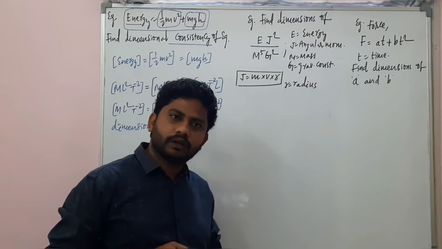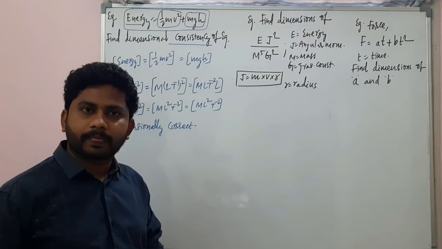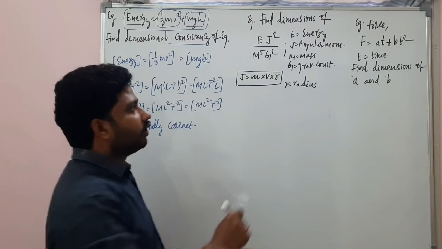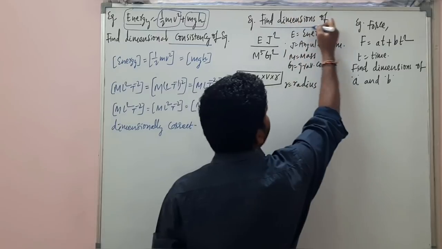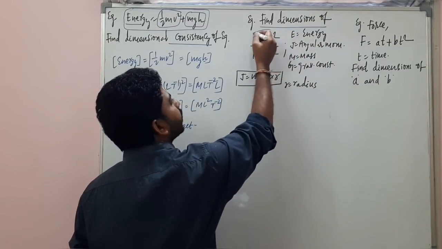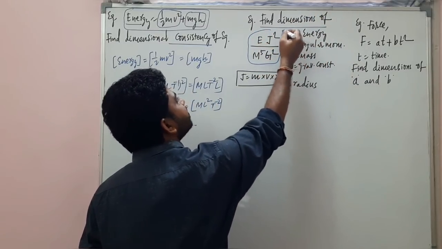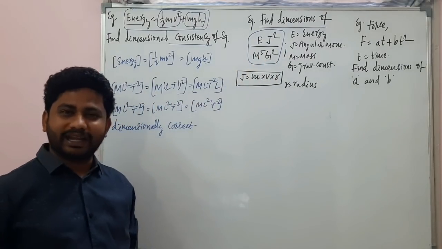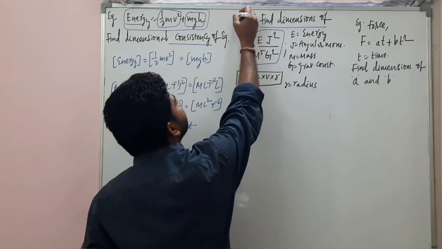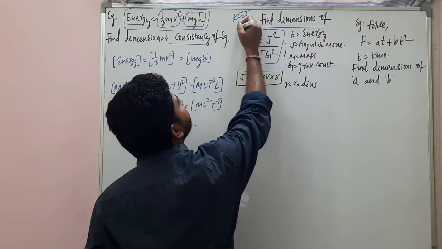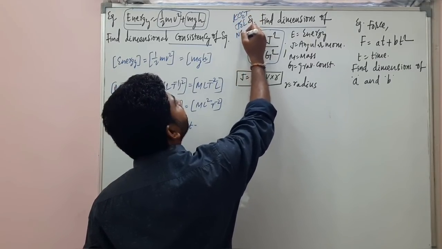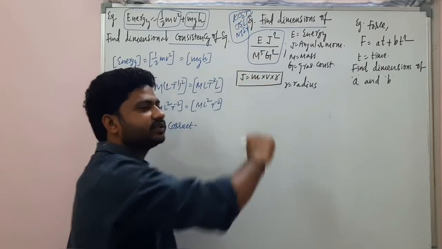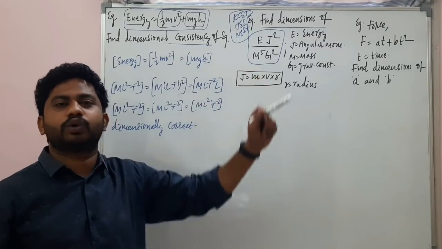Clear? Come back to here. The question is, find the dimensions of this quantity: E J squared by m to the power 5 into G squared. In one of the years of KCET, JEE, NEET, any entrance exam you take, this question or a similar model was asked.